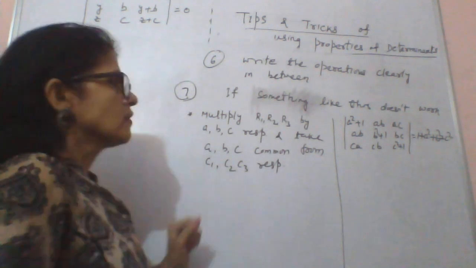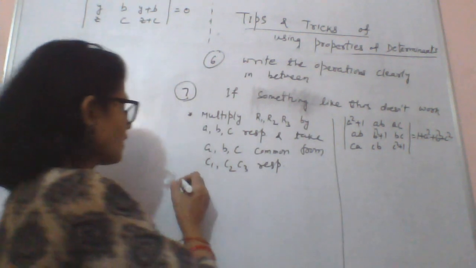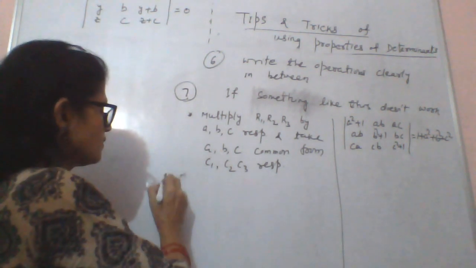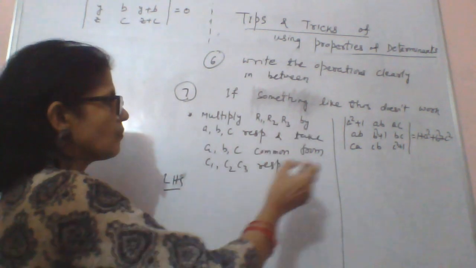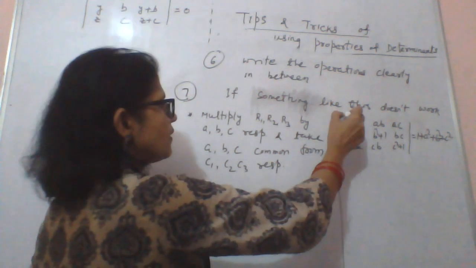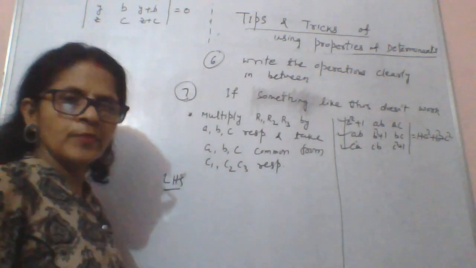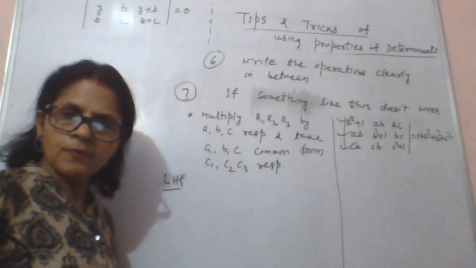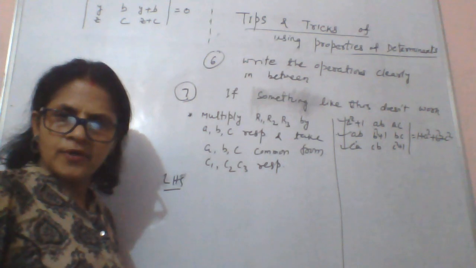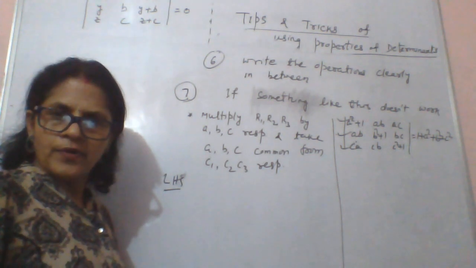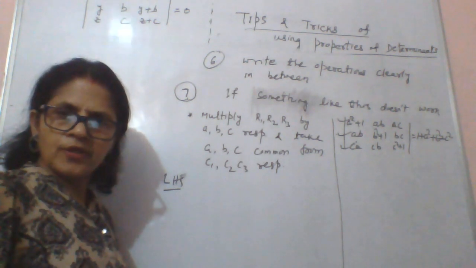So let's see. Whenever you take LHS, multiplying R1, R2, R3 by a, b, c.